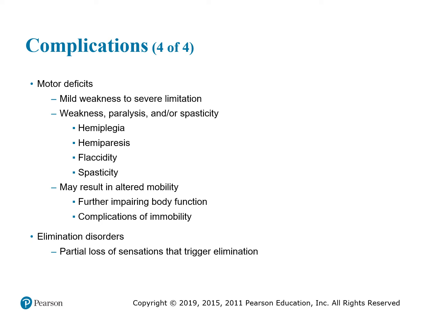And so this is what we call hemiplegia when it's one side of the body. So hemiplegia, this is paralysis of the left or right half of the body. Hemiparesis is weakness of the left or right half of the body. Flaccidity is the absence of muscle tone, or hypotonia, and spasticity, I'm so sorry, these words are hard to say, but I do know what they mean.